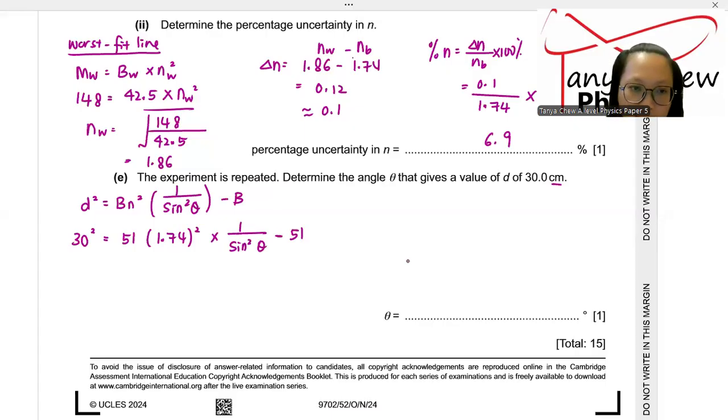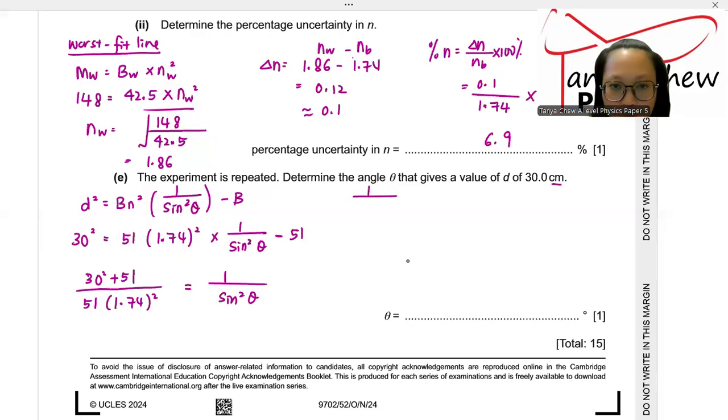Now, okay, I shift everything. 30 squared plus 51, divided by 51 times 1.74 squared, is equal to 1 over sine squared theta.